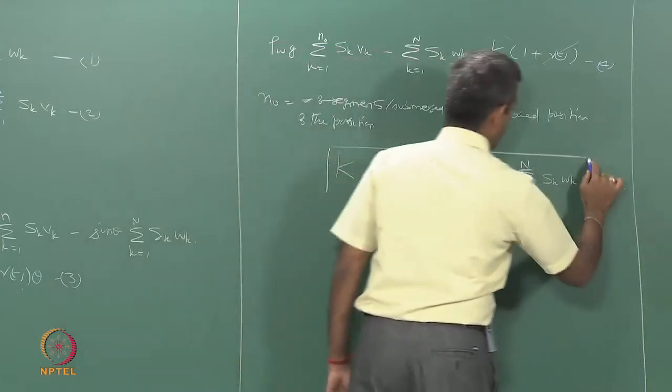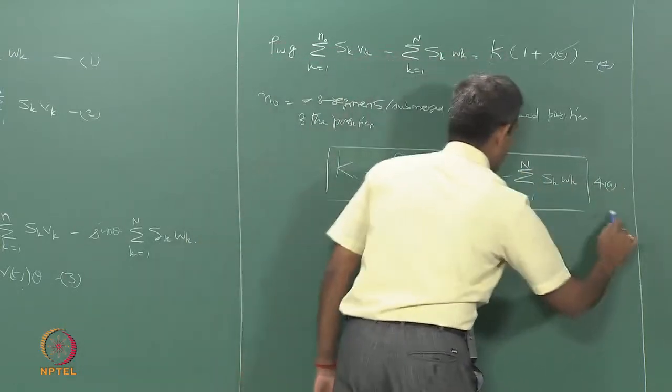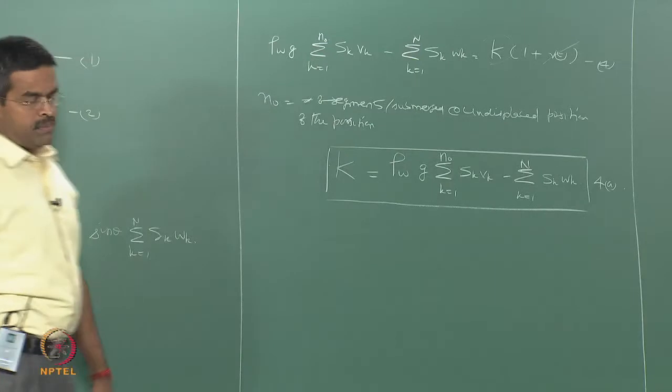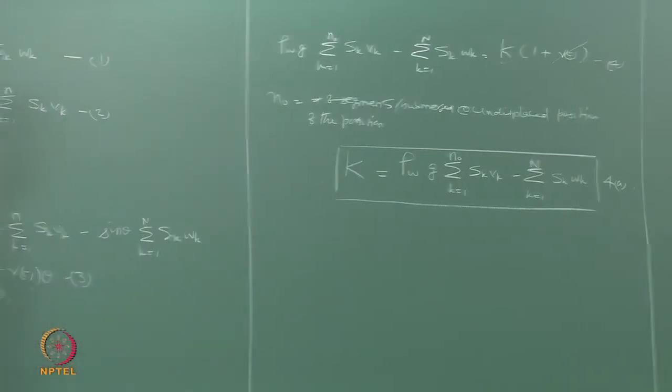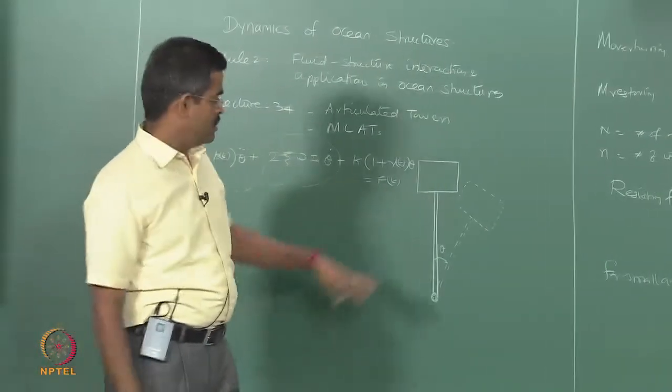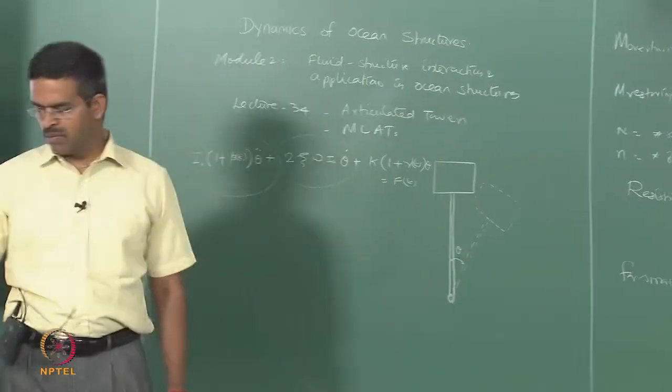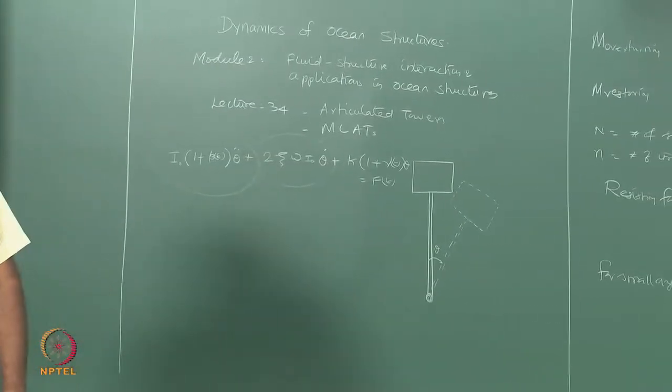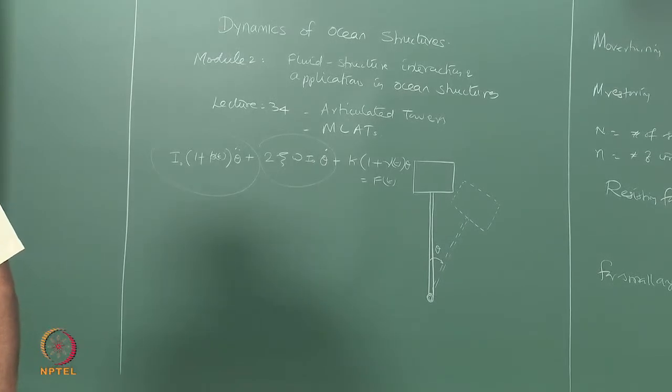So I have got one summation which is a function of displacement, where n naught is actually a function of displacement. It will govern how many segments will be immersed or submerged in the platform at any given point of time.